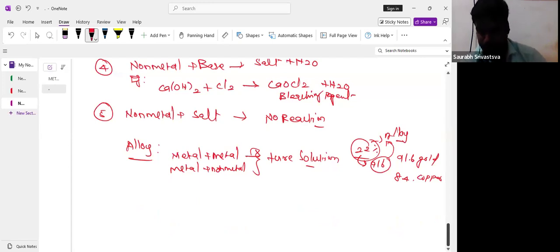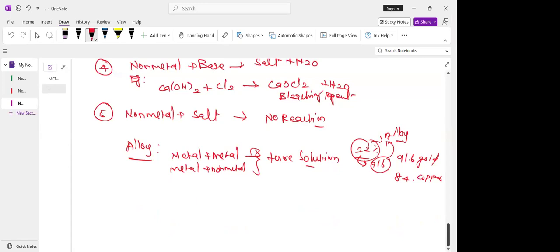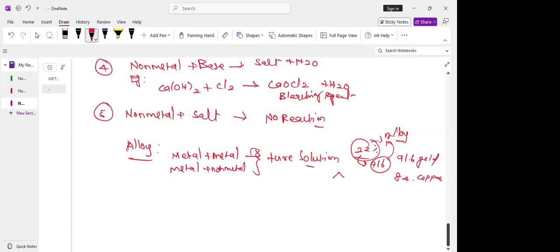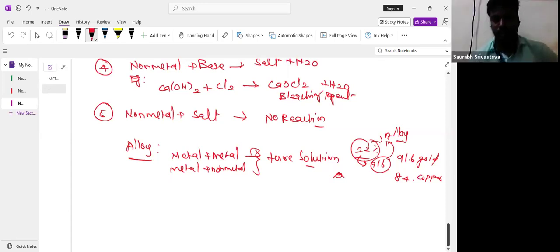They will say that word. 916 hallmark means 91.6% gold.